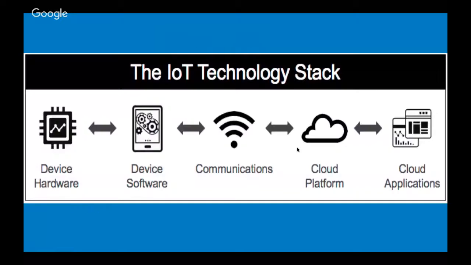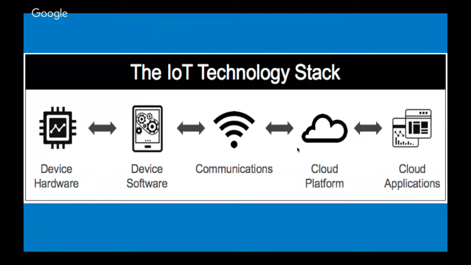A typical IoT technology stack would look like this. There's a device hardware which has a sensing or monitoring capability. There's a device software which is needed to get that reading, sometimes translate analog signals to digital signals, or even to communicate. To communicate, you need to write software, but you also need a communication protocol.